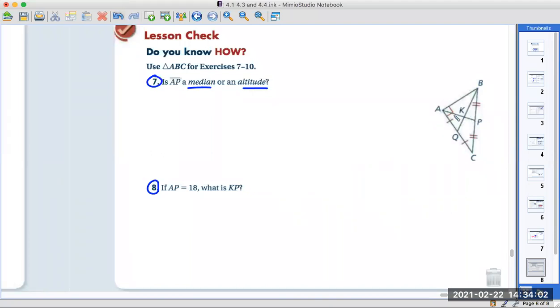This is a 2/3 versus 1/3 problem, because this is the median. This is 2/3 of the whole thing, and this is 1/3 of the whole thing, and the whole thing is 18. So you have to figure out how much is AK and how much is KP. So I'm asking you for both, actually. Remember, it's the median.